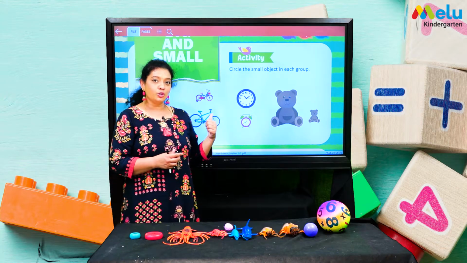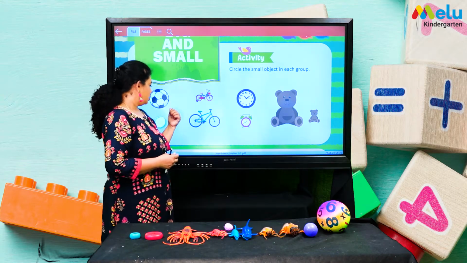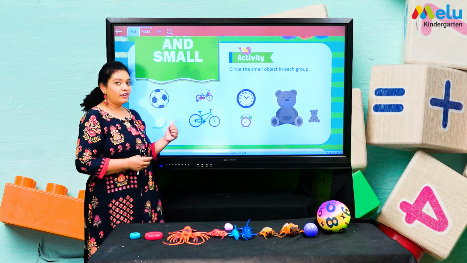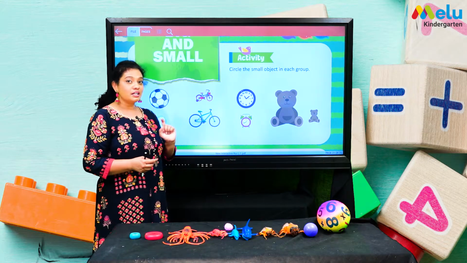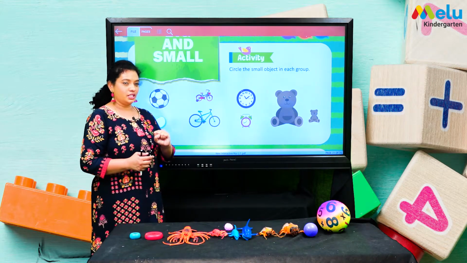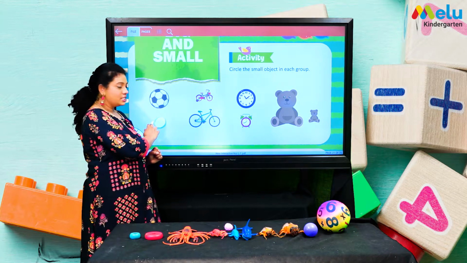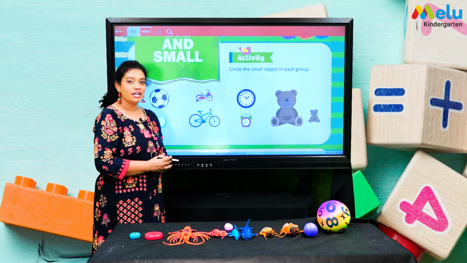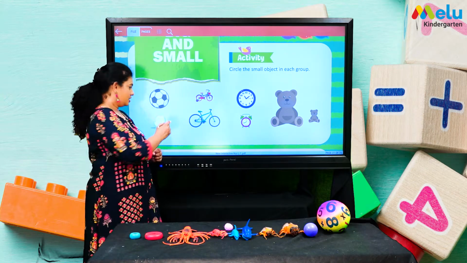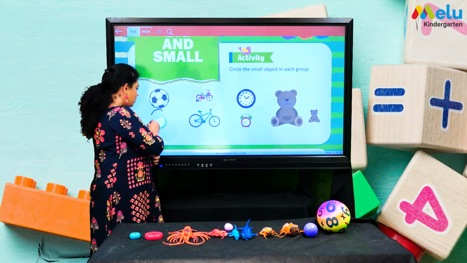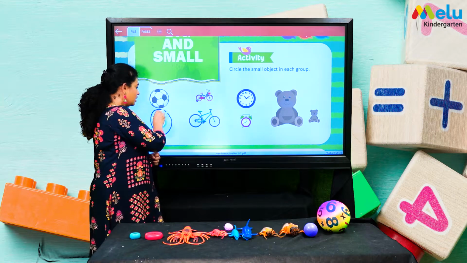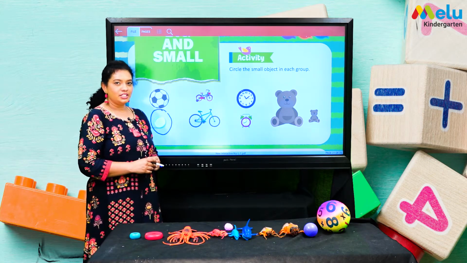So let us see the groups here. Here we have 2 balls and our task is to circle the small object. Now tell me, when you compare these 2 balls, which is small in size? Yes, this is small in size. So circle it. Right, children?